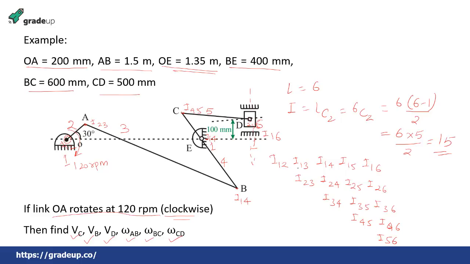So how many links? 1, 2, 3, 4, 5, 6, 7, 8, 9, 10, 11, 12, 13, 14 and 15. So these are all the 15 I centers that are present in this mechanism.